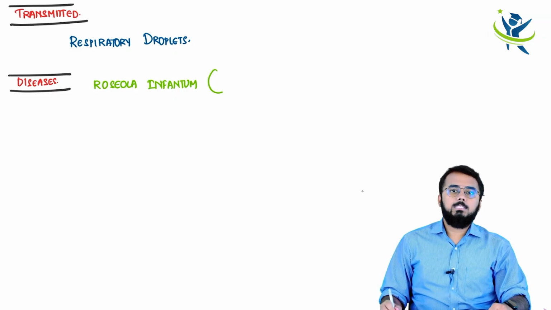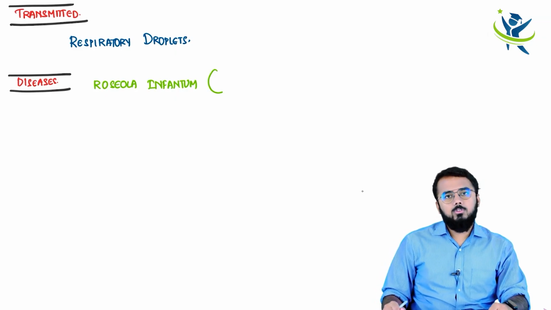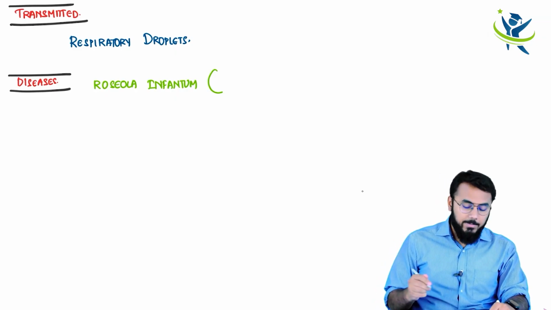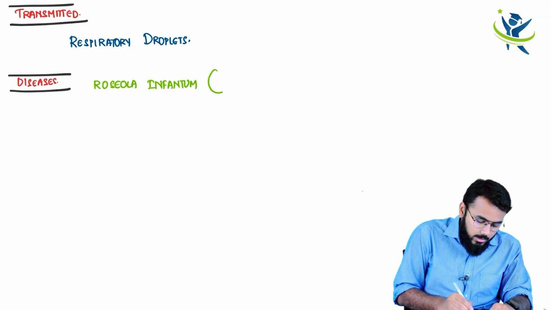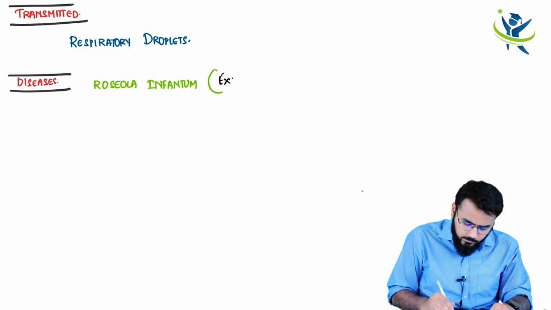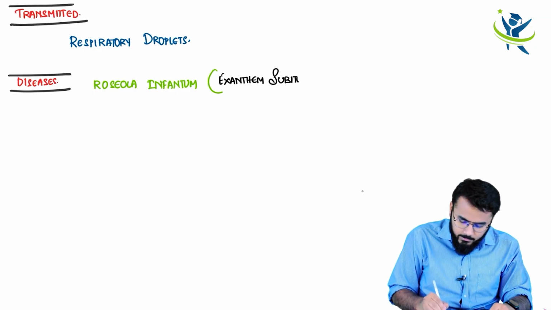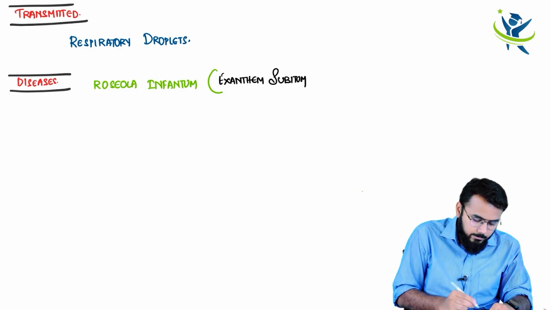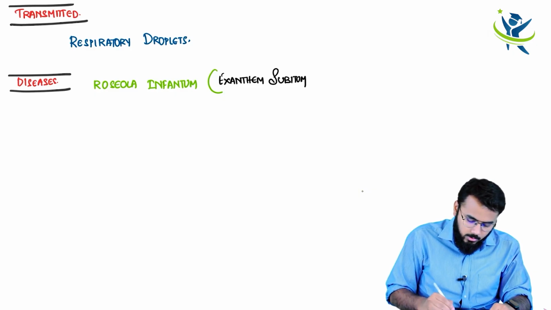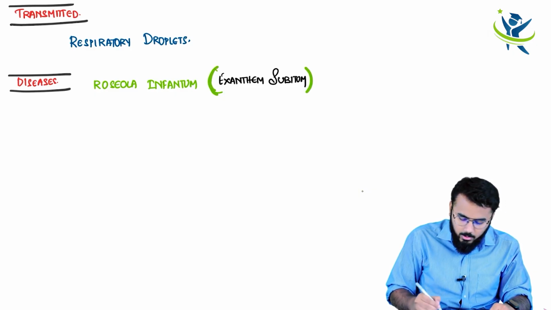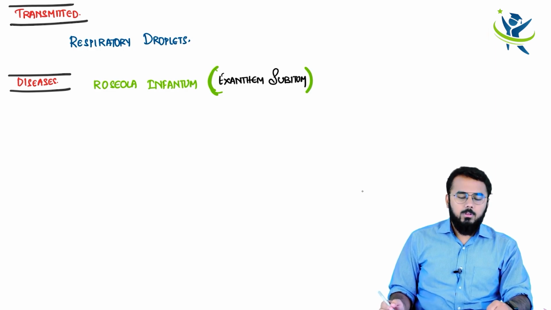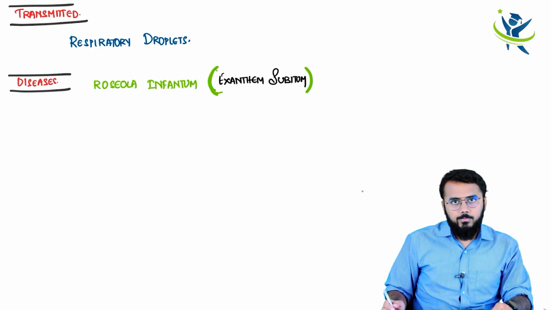It is also called Exanthem Subitum. So you call it Roseola Infantum or Exanthem Subitum or the sixth disease, as I told you.